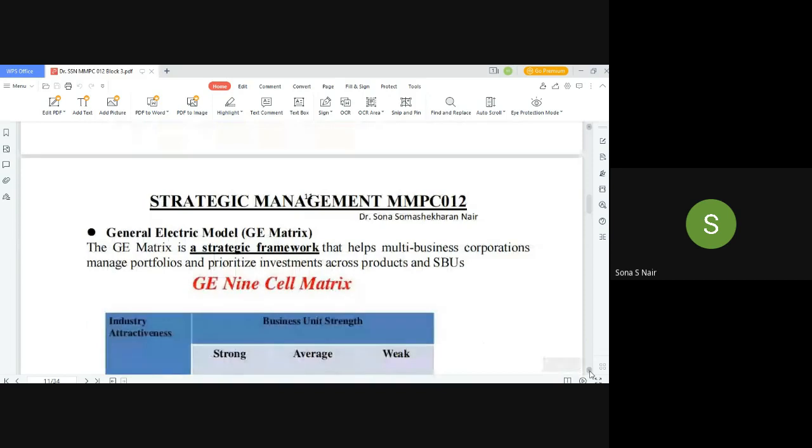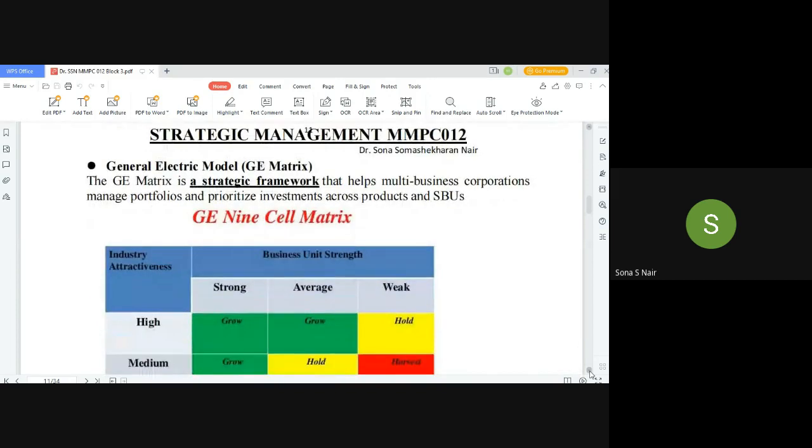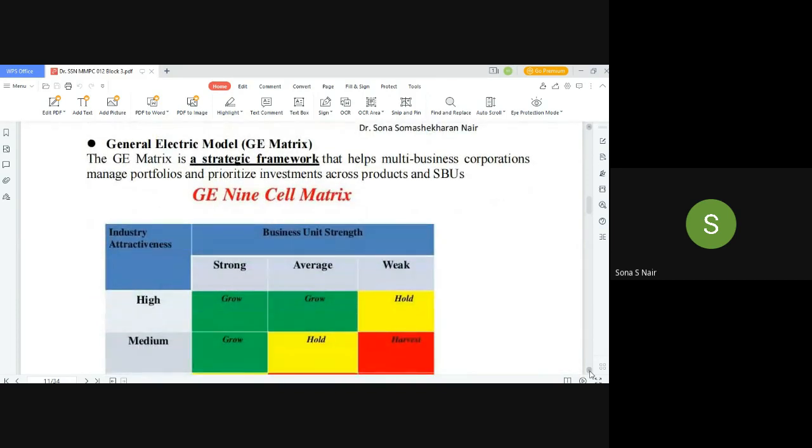Similarly, there's another matrix which is called the GE model. It is a better framework because it has more variety. And here, in a similar way, there are two dimensions: the business unit strength and the industry attractiveness.